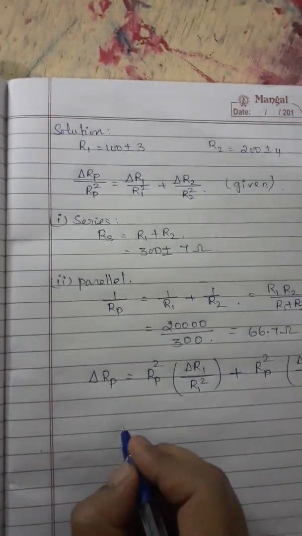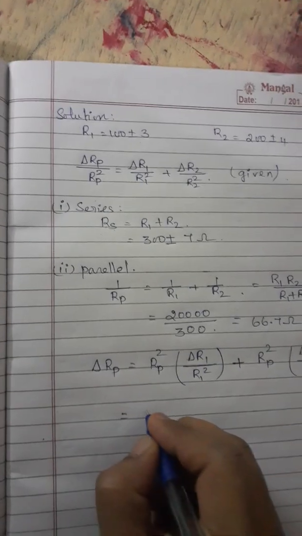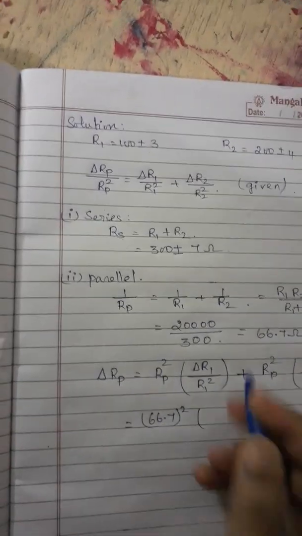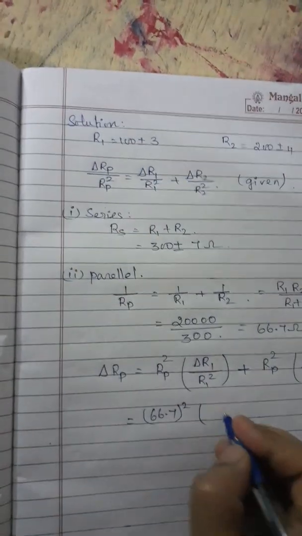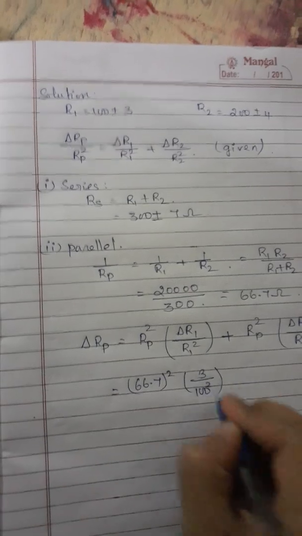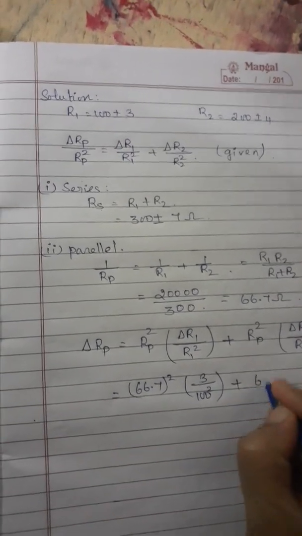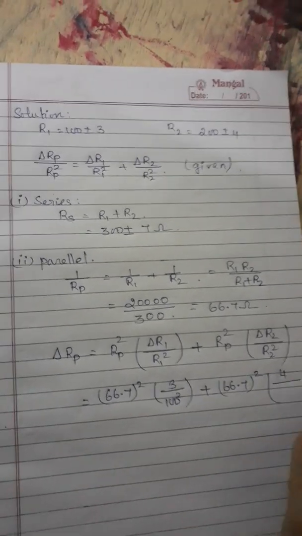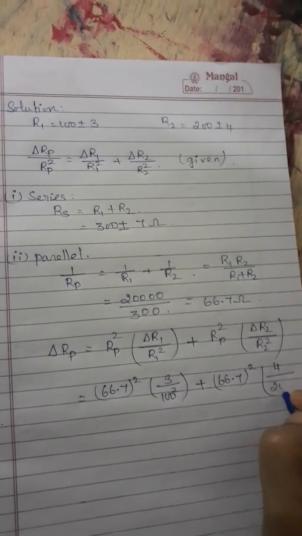So RP is how much? 66.7, the whole square, into delta R1. Delta R1 is 3, divided by R1, which is 100 square, plus RP, 66.7 the whole square, into delta R2, which is 4, divided by R2, which is 200 square.